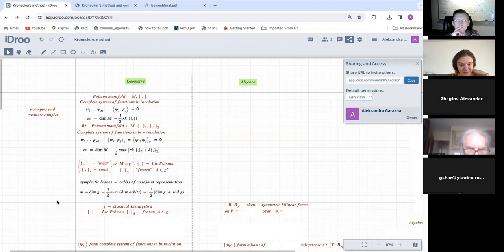Maybe I have to say here that if we are not trying to find a complete system of functions in bi-involution, but only in involution on some Lie algebra, then we have the result of Sadetov that we can do it, but this result is not constructive.